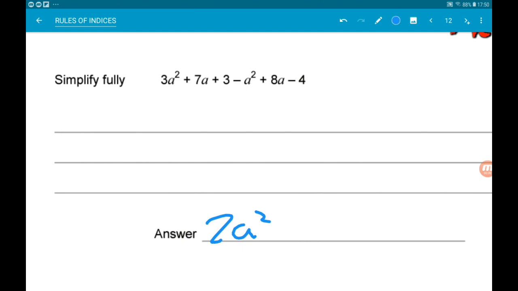We then have 7a add 8a, that's 15a. And then we have add 3 minus 4, that's minus 1.